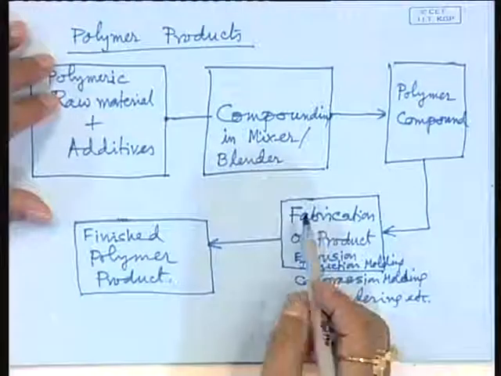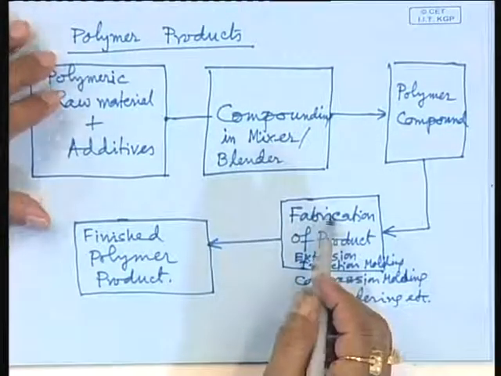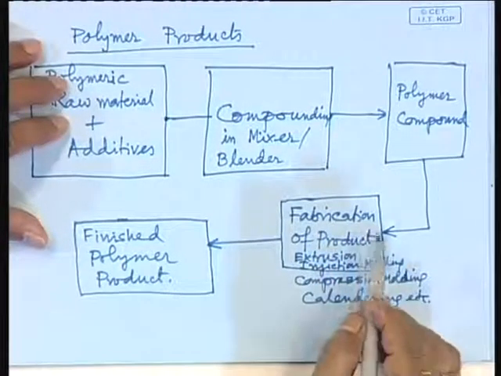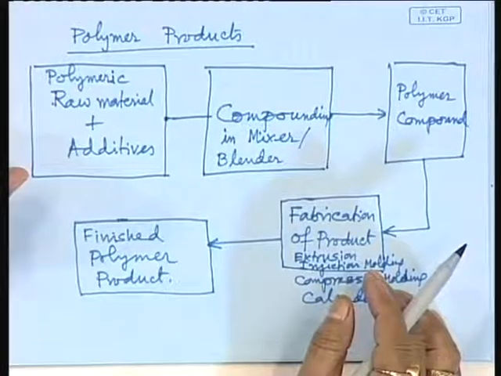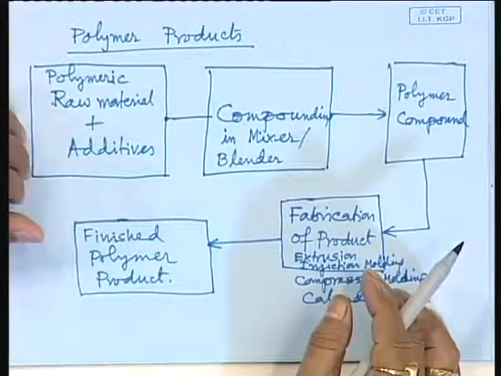Now, before going to produce this finished product through discussing these fabrications of these products, we have to first see what are the functional additives used in polymer to make what products. Okay.